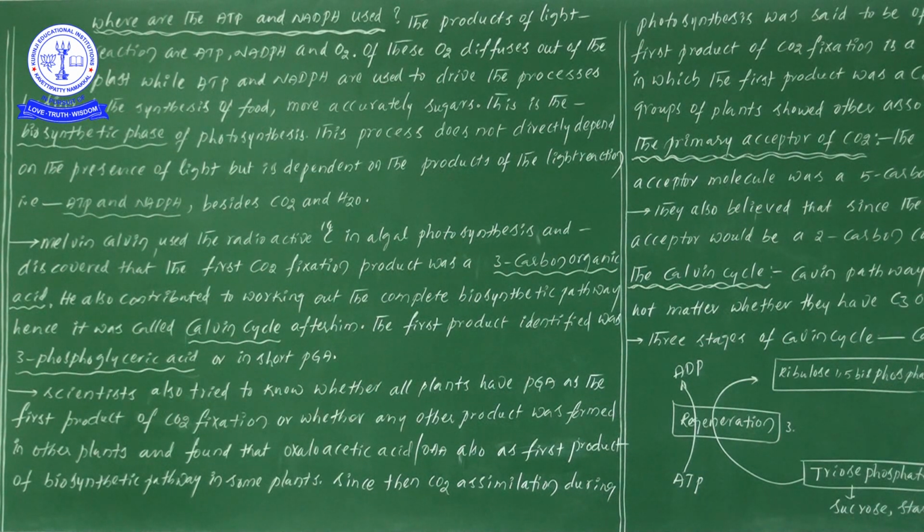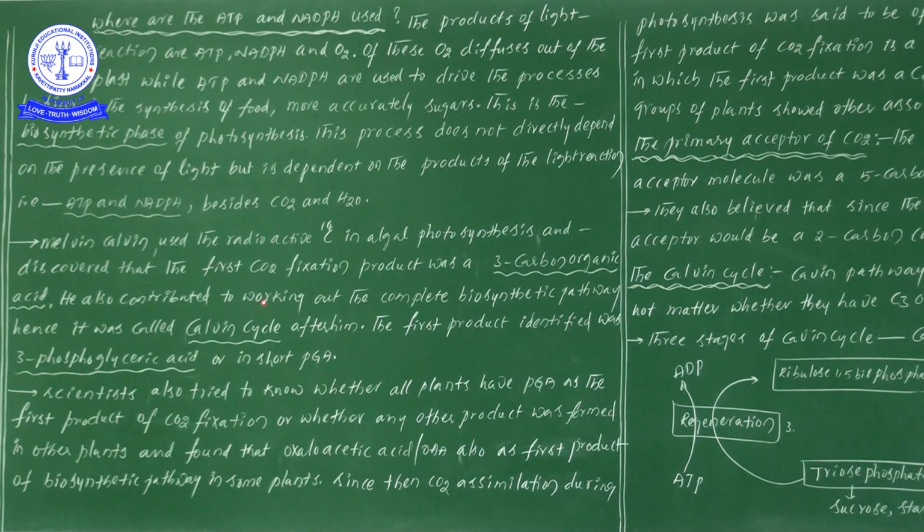Now after many series of experiments, Melvin Calvin used radioactive carbon 14 in algal photosynthesis and discovered the first carbon dioxide fixation product. He discovered it as a 3 carbon organic acid.